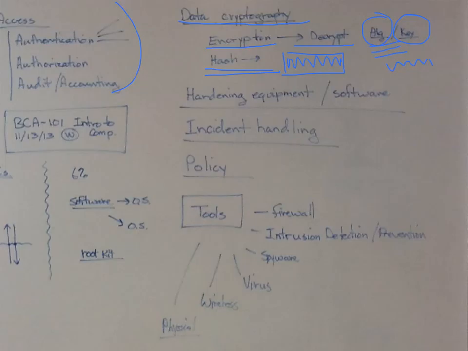If you move data from one location to another, you can encrypt it so nobody can read it, and send a hash, and after they decrypt it, they can compare the hashes and make sure the data hasn't changed. You can also use hashes to create digital signatures.